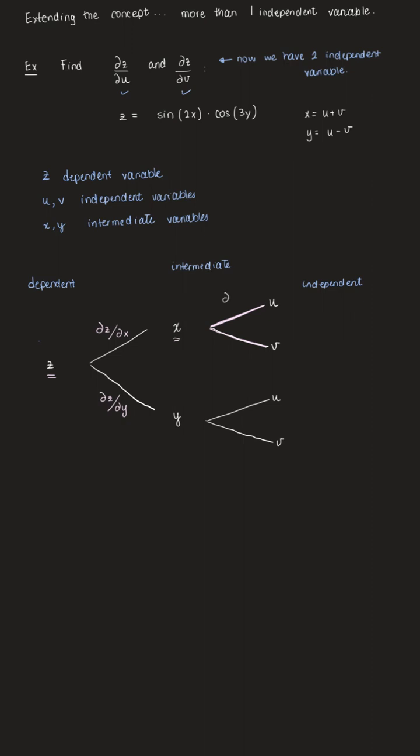So this is going to be partial of x with respect to u, and this will be partial of x with respect to v. And the same thing happens with y. This will also be a partial derivative of y with respect to u and a partial derivative of y with respect to v. Now, we're going to focus on finding, let's say, dz/du and thinking about what that might look like. So we're going to do dz/du first.